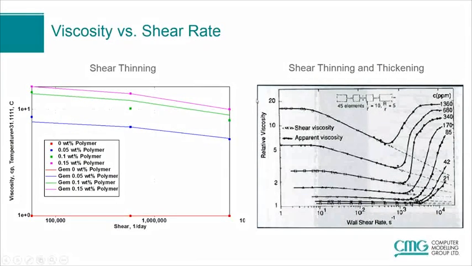The plot on the right is showing a plot where you have shear thinning and thickening together. You can see here again, the x-axis is the log of the shear rate. You first of all get shear thinning, and then at some point you begin to get shear thickening. So you can model both those effects, but most commonly we model shear thinning.